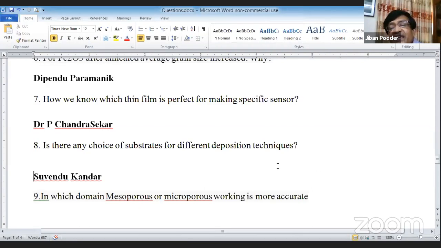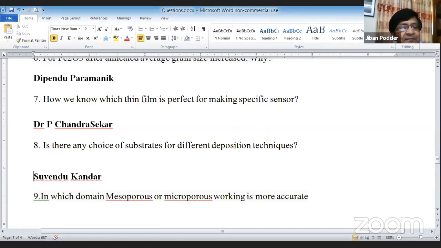But FTO and ITO are very costly substrates. For spray pyrolysis we don't need a high quality substrate. Even plain glass substrates give very good adhesion, good contact and homogeneous film. It is easy for anyone to produce, a simple substrate.